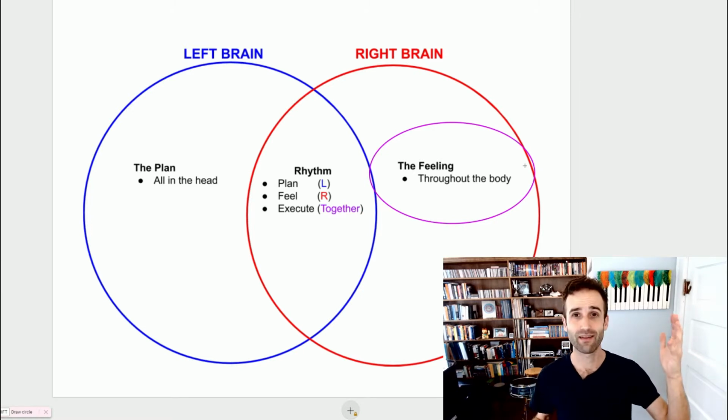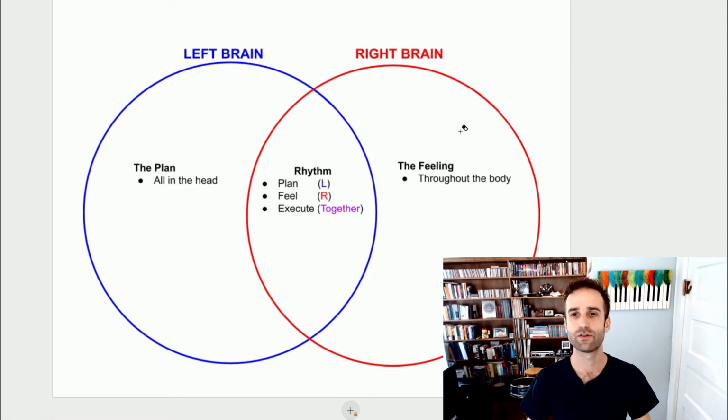Now here's the thing. It's not just about the left brain, it's not just about the right brain, it's about how we balance them together, all right? So when we want to successfully execute rhythm, the first thing we need to do is make the plan, all right? And that is all left brain, okay? Then after we know the plan, we want to make sure that we can feel the rhythm that we're going to want to be doing.